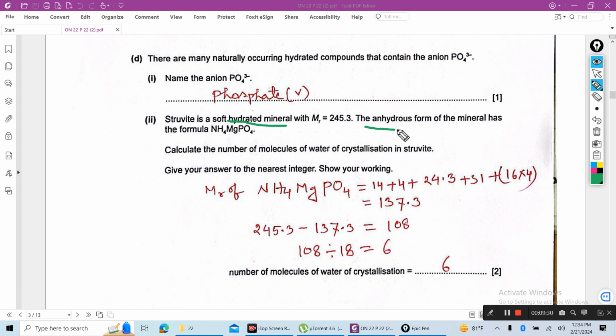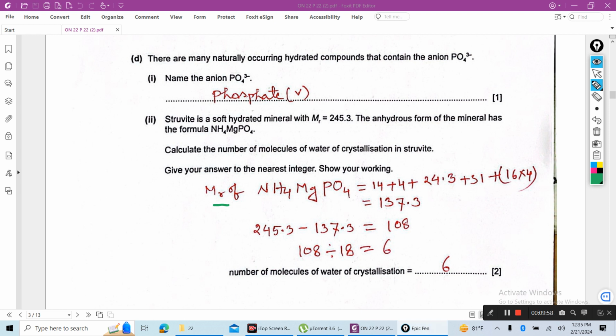The anhydrous, meaning without water, mineral has the formula ammonium magnesium phosphate. Calculate the number of molecules of water of crystallization in this hydrated mineral.